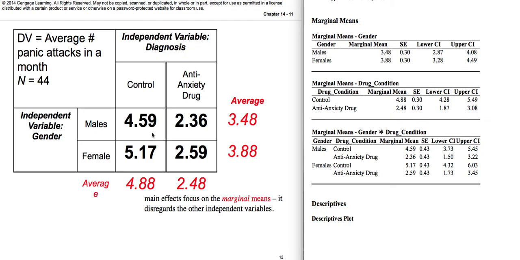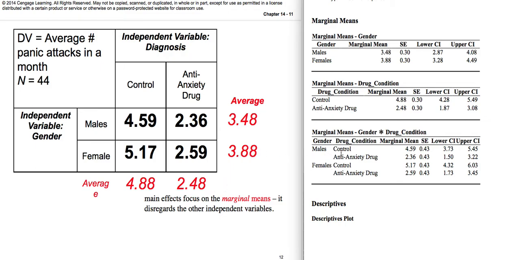Or sorry, that there aren't interaction effects, because when we look across males and females, the values tend to be the same within the levels for gender. 4.59 and 5.17 are not particularly big, and when you look at them in the collapsed conditions, we already know that 3.48 and 3.88 are not significantly different. However, for the independent variable of drug condition, we have 4.88 and 2.48, which we know are significantly different.